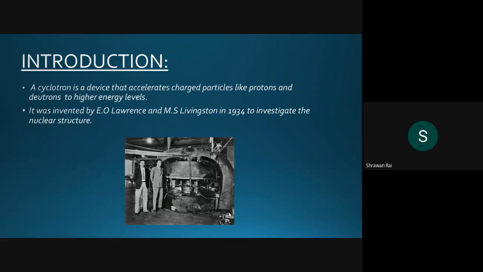It was invented by Ernest O. Lawrence and M.S. Livingston in the year 1934 to investigate the nuclear structure. And due to this invention, Ernest O. Lawrence was awarded the Nobel Prize in Physics in the year 1939.